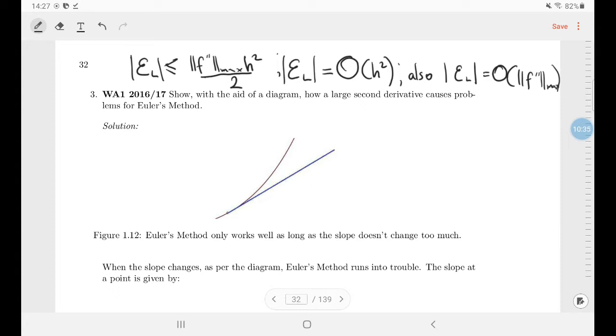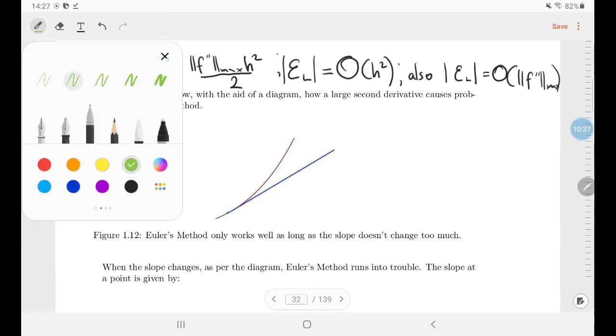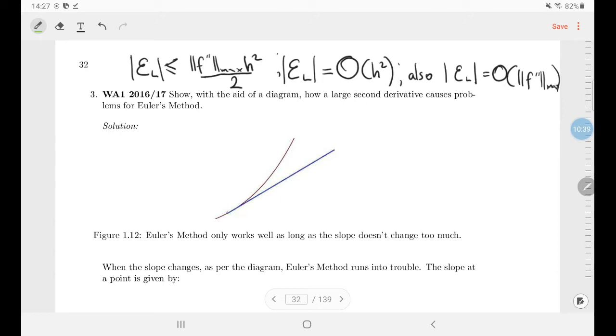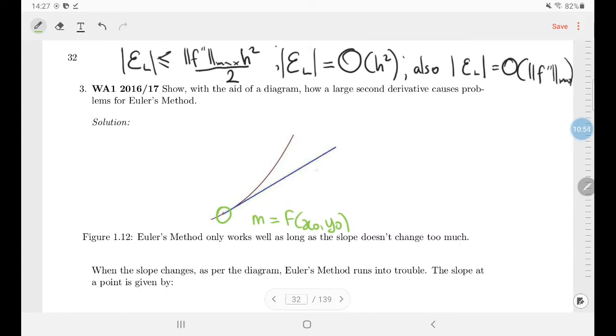Right. Now if we zoom in on this point, we have some kind of a slope. So here the slope is equal to, say, f of x0, y0. And then as we approximate the red curve, we're assuming a constant slope over a step size.